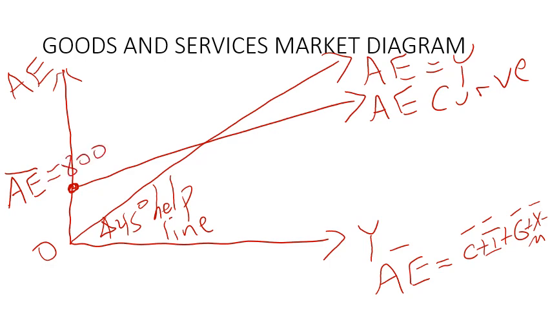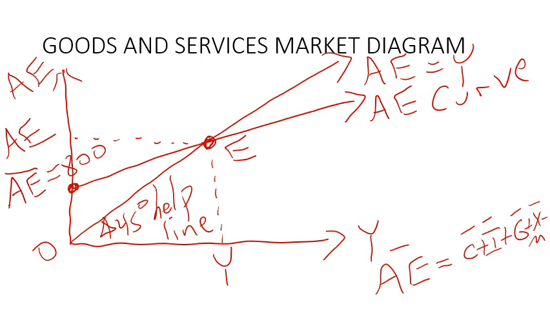Okay, now in our model, in our problem, in our question, the value of autonomous aggregate expenditures is equal to 800, right? Okay, so this intersection of this aggregate expenditure curve and the 45-degree help line derives equilibrium. What exactly does it mean? It means the following. It means that total aggregate expenditures are equal to total production or output of the economy.